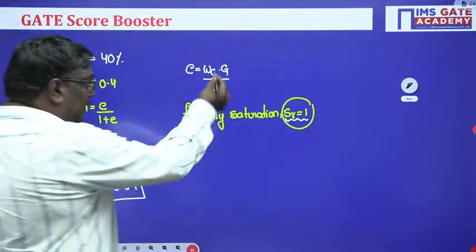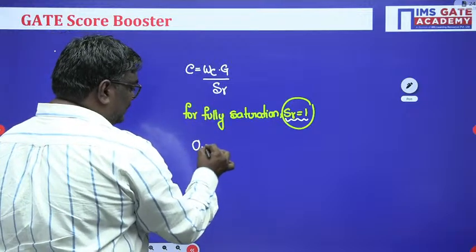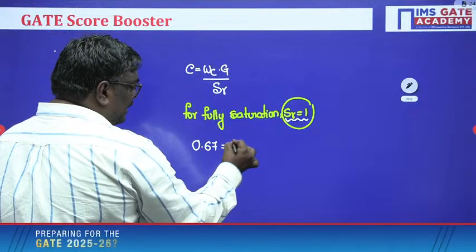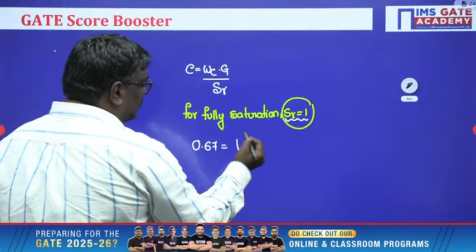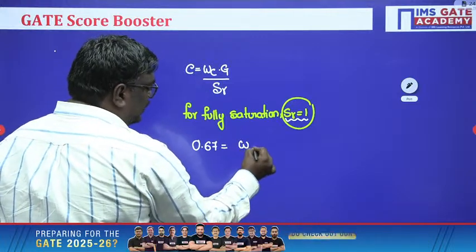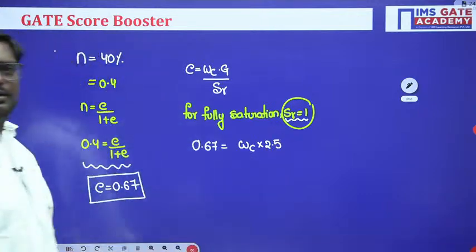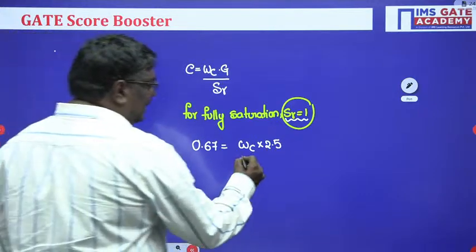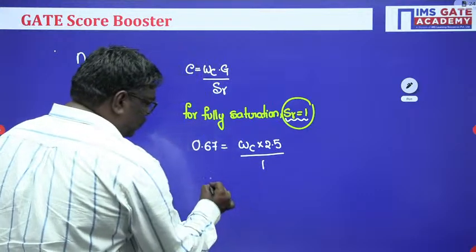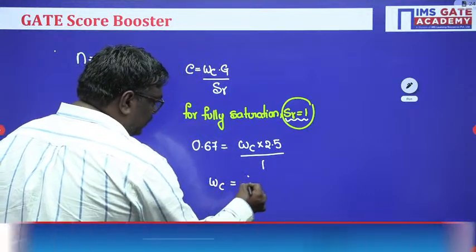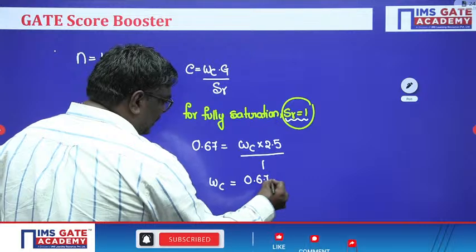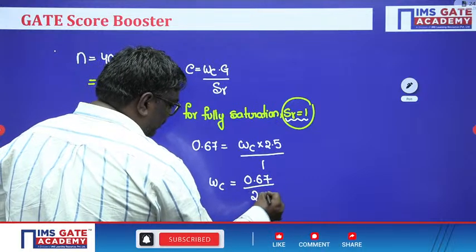Now, if I plug in that value, 0.67 is equal to w times G, G is how much, sir? 2.5, divided by S_r, which is 1. So water content is equal to 0.67 divided by 2.5.